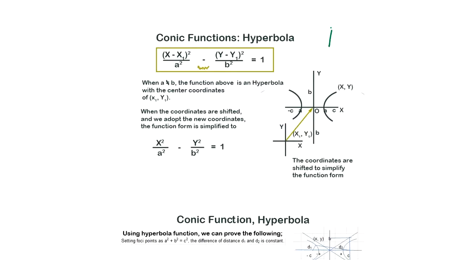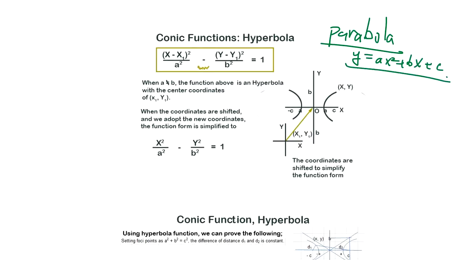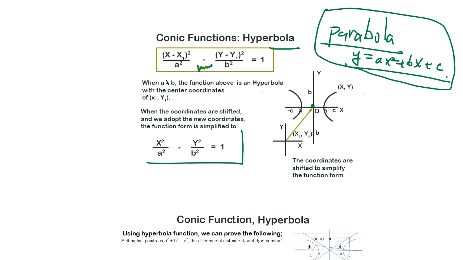We skip parabola because it's basically y equals ax squared plus bx plus c, a quadratic equation, and we did that practice a lot in algebra, so we skip that function. Hyperbola still has the x and y term, it's just negative here. If you move to the origin as a center, then it becomes a simple equation like this, and it looks like this.